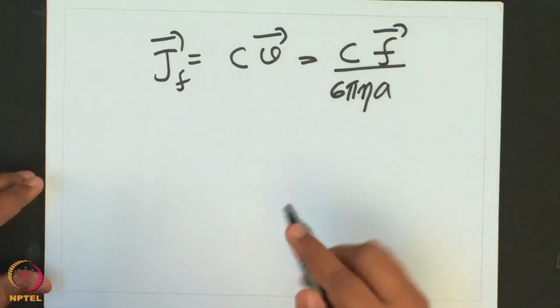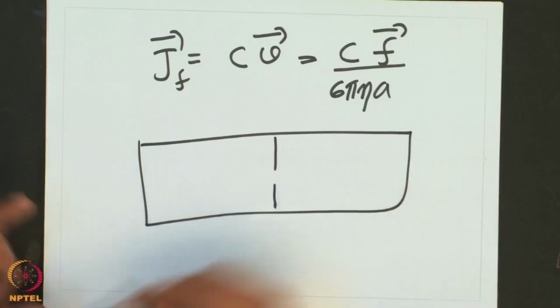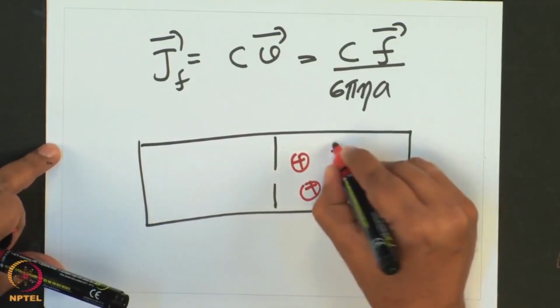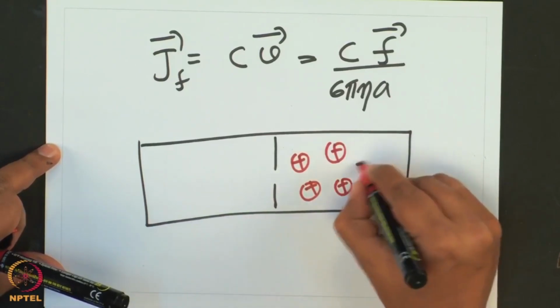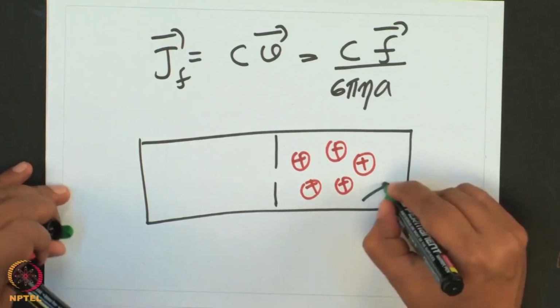So if you think of this situation where you have more plus ions here, I am drawing some different number here. This number as such does not indicate anything.